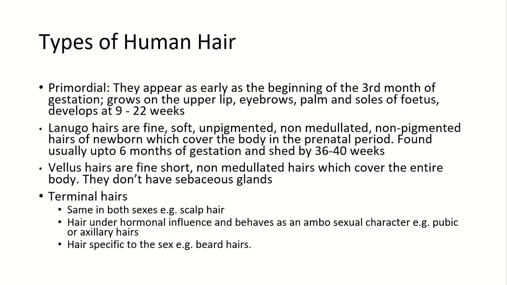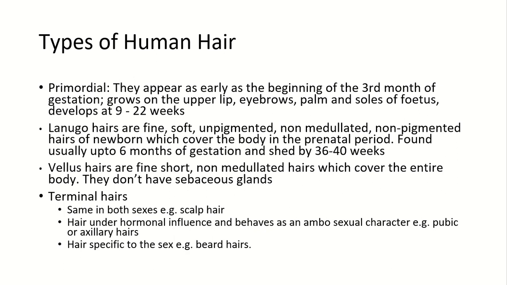Lanugo hair are fine, soft, unpigmented, non-medulated hair of the newborn that are found usually up to 6 months of gestation and shed by 36 to 40 weeks. Vellus hair are fine, short, unmedulated hair which cover the entire body. They do not have any sebaceous gland.